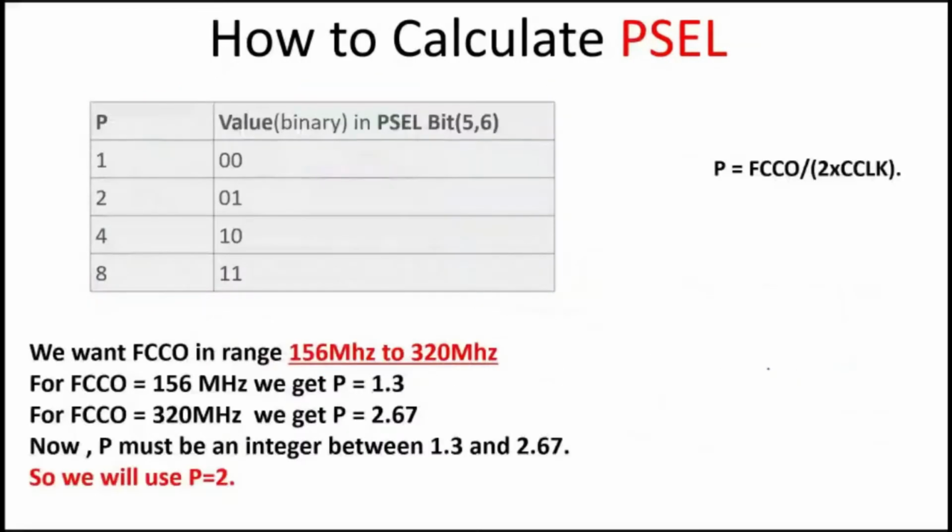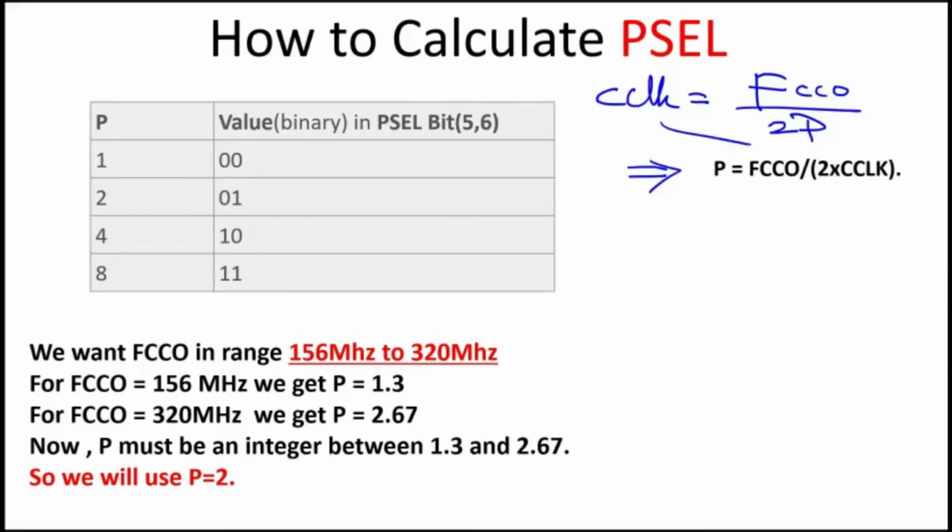Second thing, how to calculate P select. We already know an equation, CPU clock equal to frequency of current controlled oscillator divided by 2P. This implies P is equal to frequency of current controlled oscillator divided by 2 times the C clock.